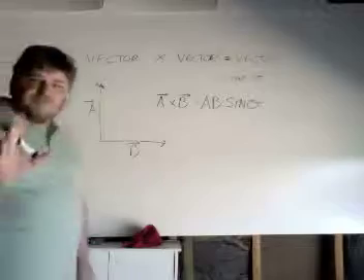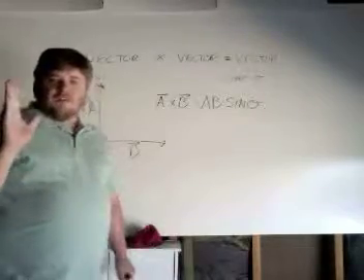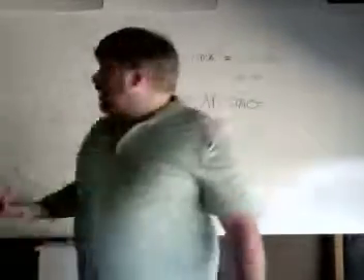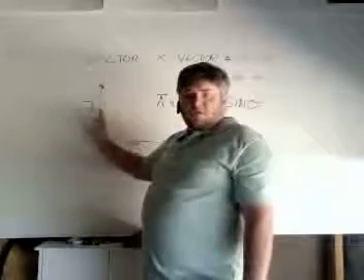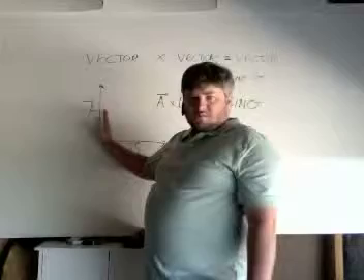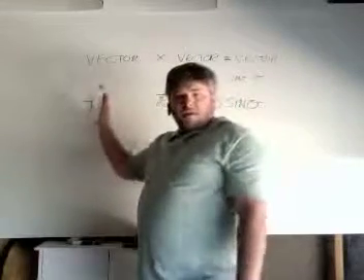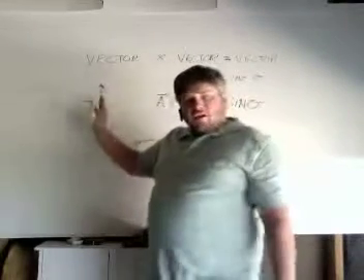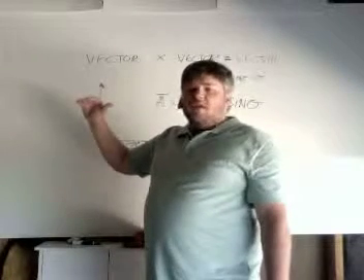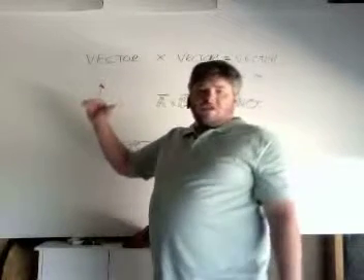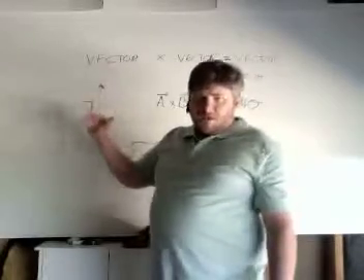So this is how it's done. Take your hand and put it in the direction of A. A is pointing this way in this vector, so I'm going to take my hand and I'm going to point it this way. Okay? Cool, so I got my hand pointing in that direction. Then you're going to take your fingers, you're going to bend them at a 90 degree towards the direction of B. Okay?